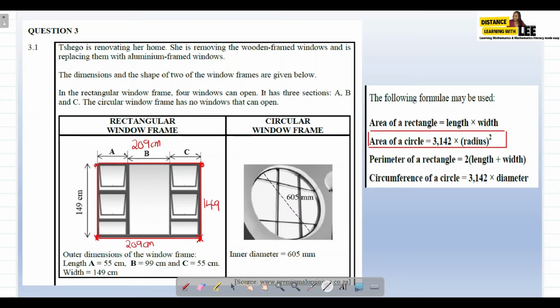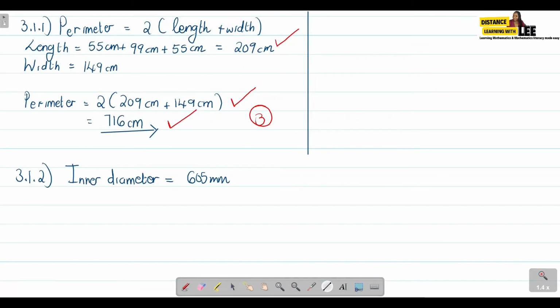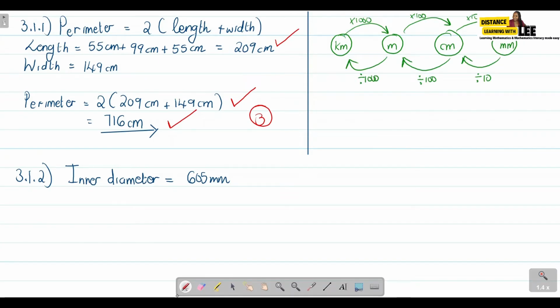Let's convert this 605 millimeters into centimeters, because we are told that we need to have our units in centimeters squared. So how do we convert, guys? I'm going to do that as a side note here. It's kilometers, meters, centimeters, millimeters. Like I mentioned, if you want to move from a smaller unit to a bigger unit, we need to remember that we need to divide.